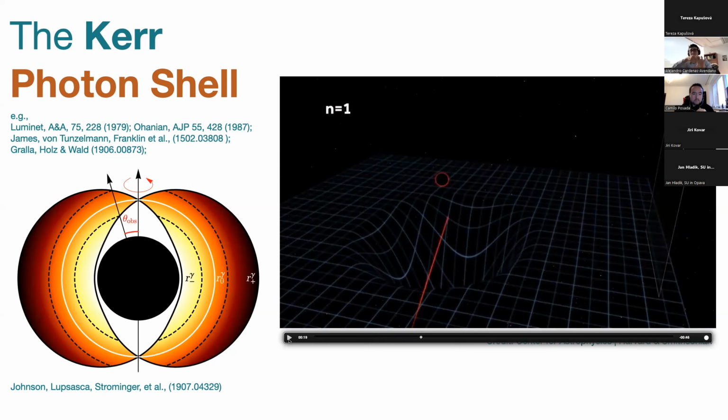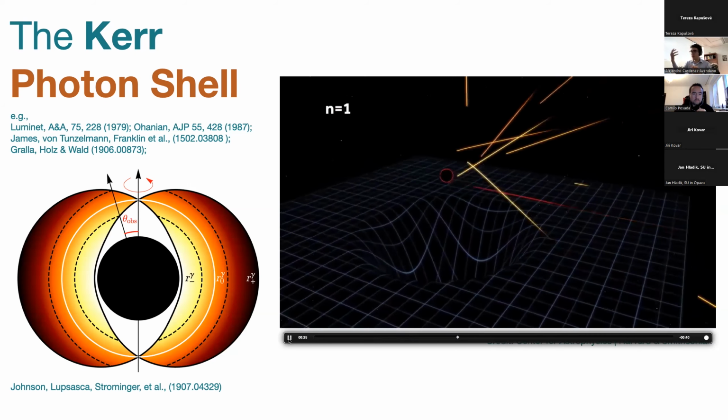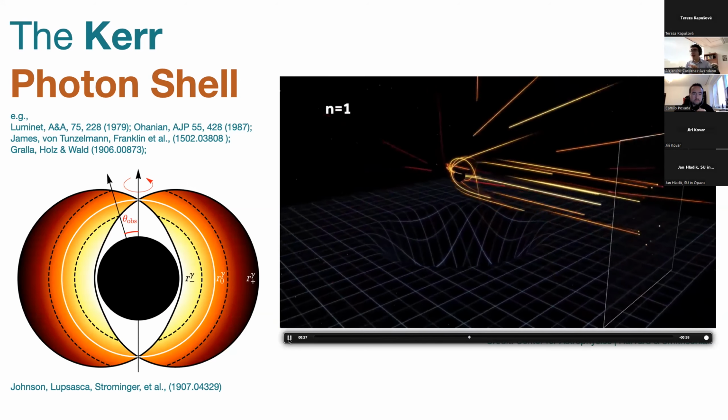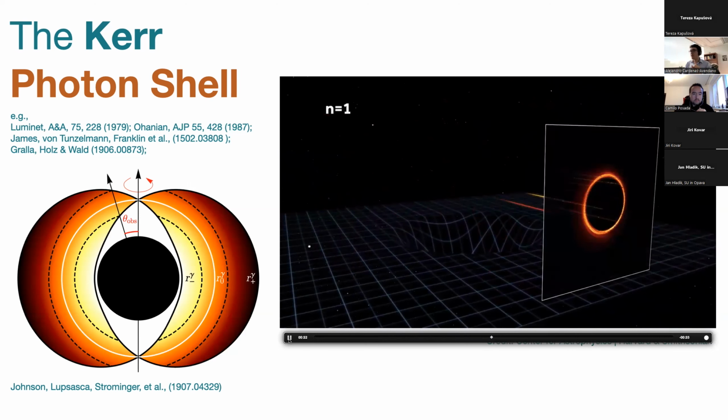They can make an extra half turn and then go to the observer. These are 2 examples of photons that can do an extra half turn. Now let's put a lot of them. This is a property of the space-time. Now you see that the photons that make this extra half turn don't appear anywhere in the image, as opposed to the previous one.